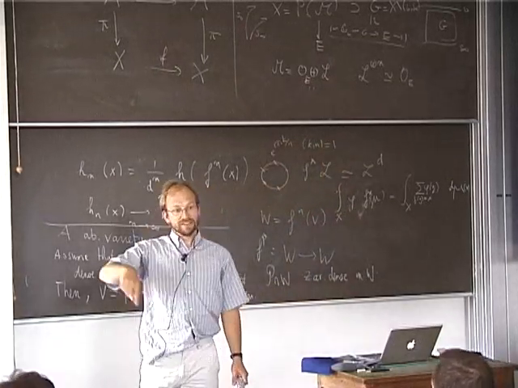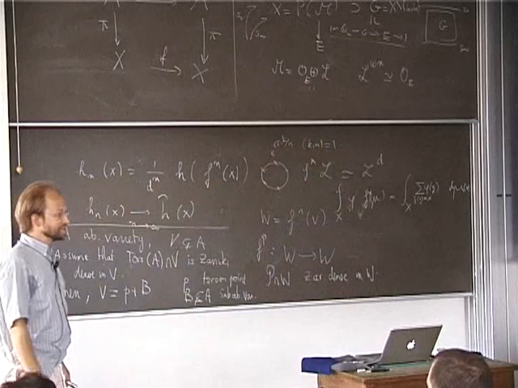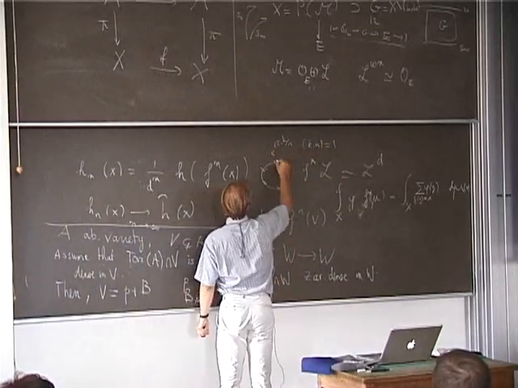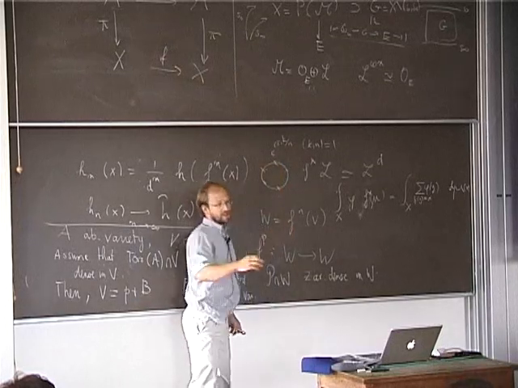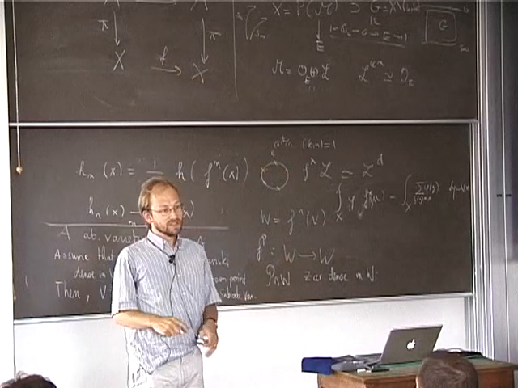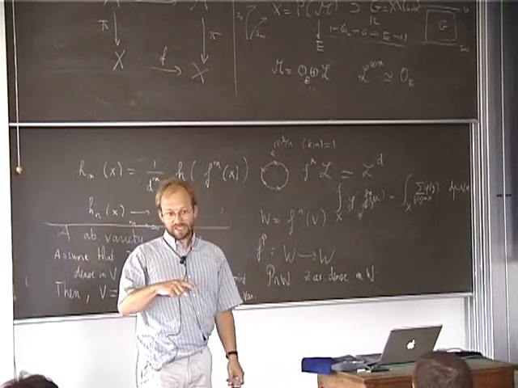And it's not difficult to show that when n goes to infinity, this set of points equidistributes to the integration measure on the circle.